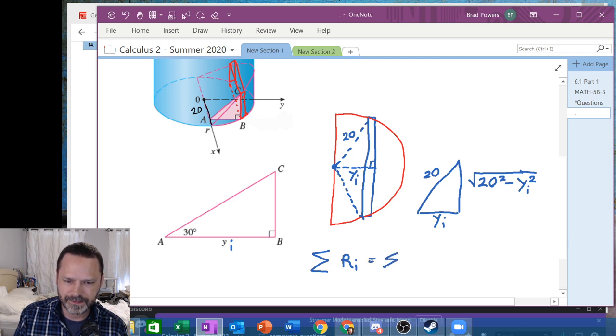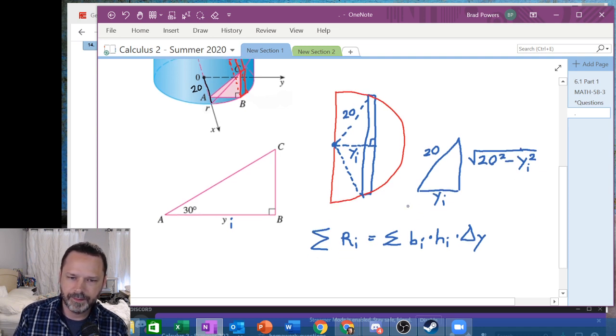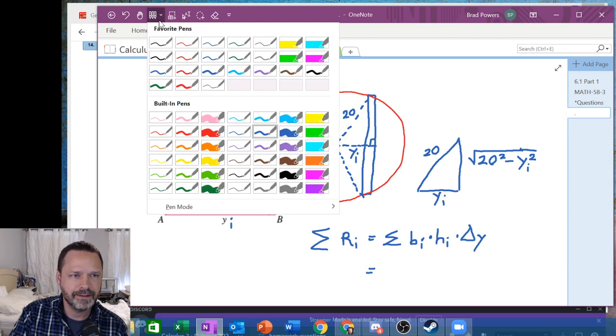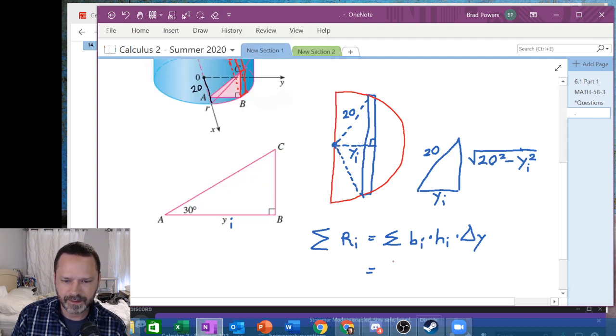So the rectangle is going to be some base, so let's say that R sub i is some B sub i times some H sub i times, and the width is obvious on all these, that's our delta y. Base, I already figured out. This length is 2 times this, because that's one of them. So 2 times this. So right now what we got is the sum.